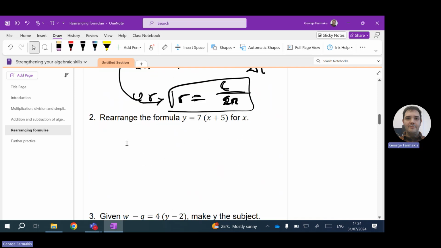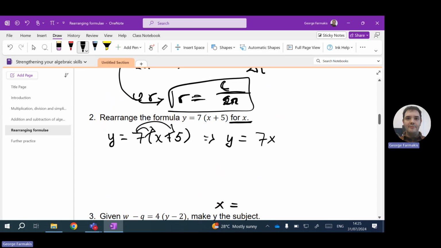Let's say we are given the formula y equals 7 times the bracket x plus 5, and you want to solve or rearrange the formula for x. So we want to write x equals. We want to isolate x. To isolate x, first we can expand the bracket. So y is equal to 7 times x and then 7 times 5.